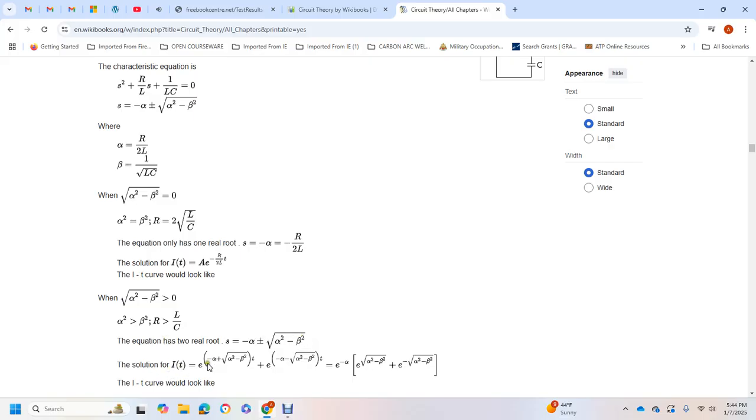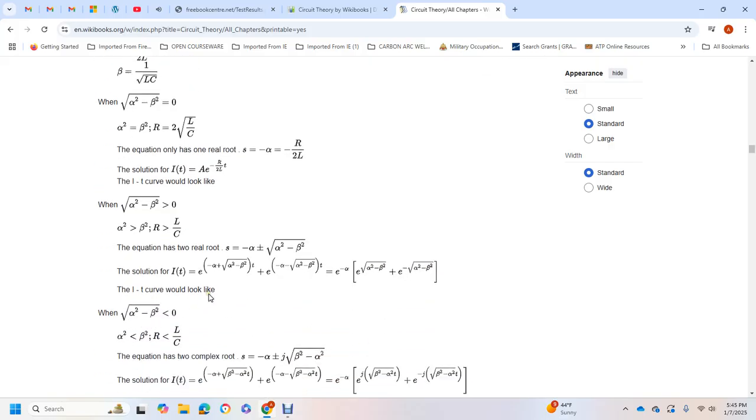The solution is i of t equals A1 times e to the power of s1 t plus A2 times e to the power of s2 t, where s1 equals negative alpha plus the square root of alpha squared minus beta squared, and s2 equals negative alpha minus the square root of alpha squared minus beta squared.